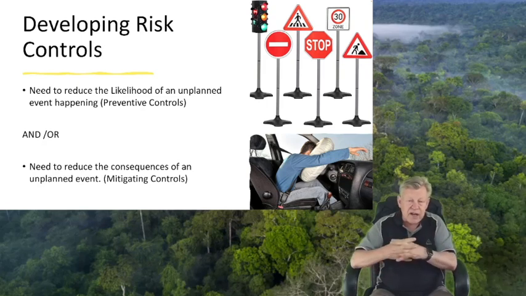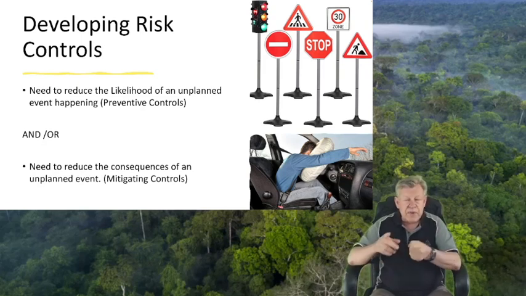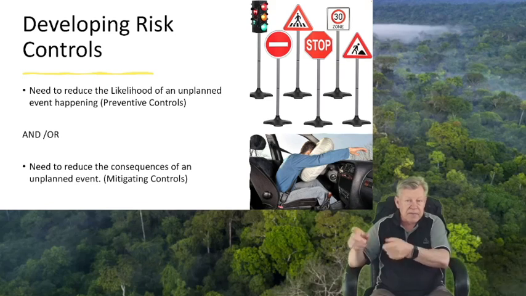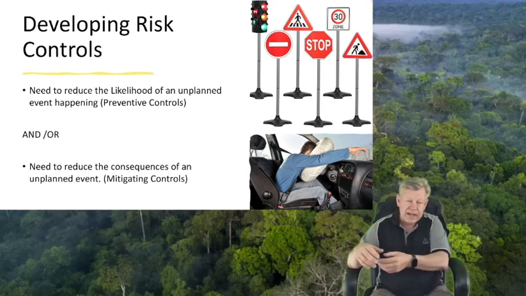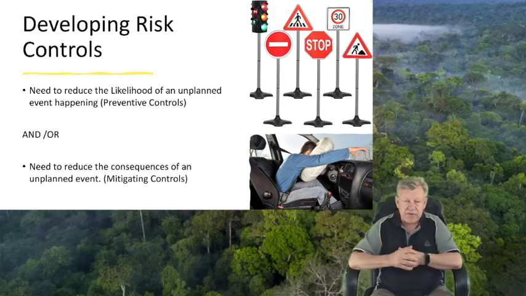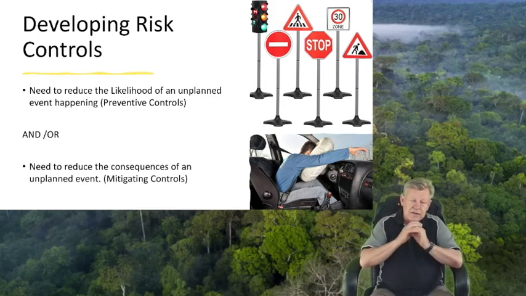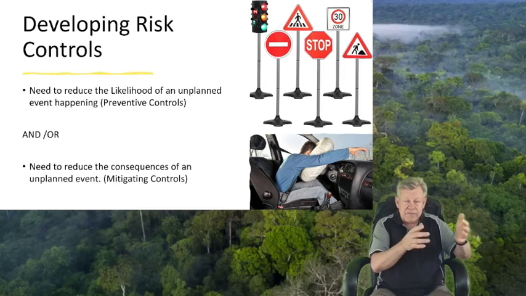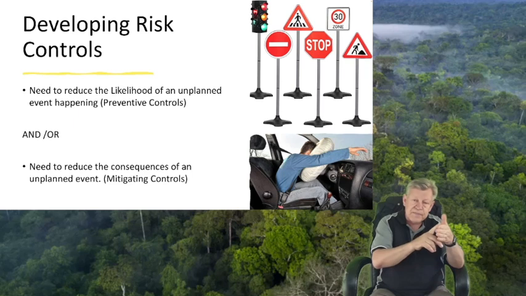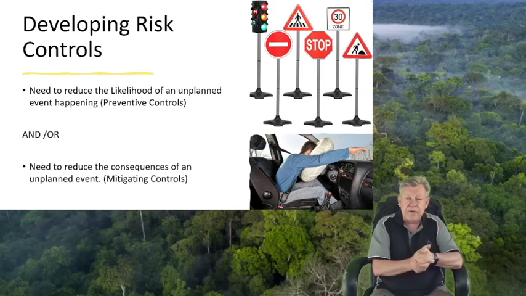And if he still gets cut, then we have mitigating measures like first aid and medical treatment to make sure that he doesn't bleed to death and the wound doesn't get infected and that he can actually recover. What we need to do is focus on the preventive. So do whatever you can from an elimination, substitution, engineering controls, training and procedure. Do as much as you can there to prevent incidents from happening.